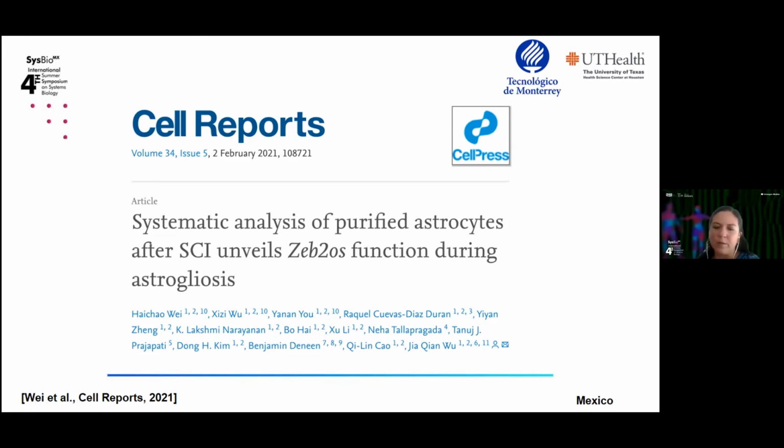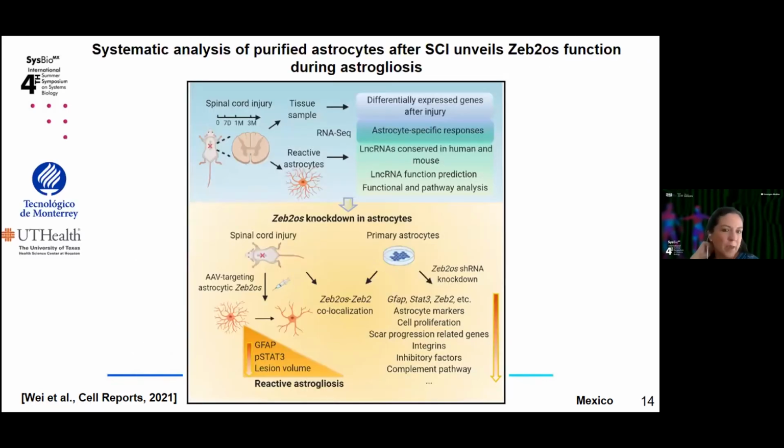We were interested in what happens with astrocytes. When there's a spinal cord injury, astrocytes change their phenotype, and they become what are called reactive astrocytes.